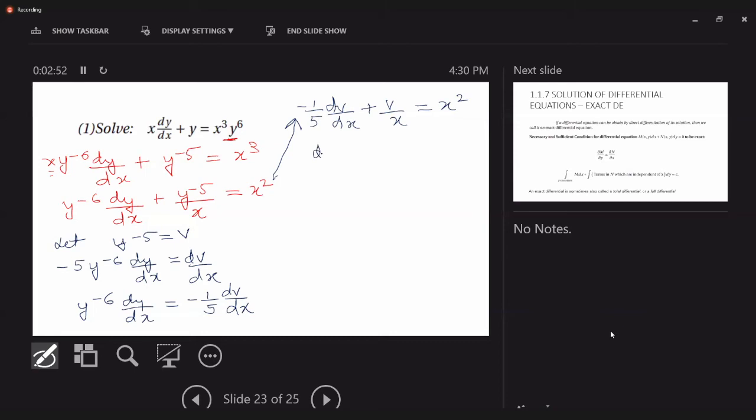So we will write this as dv by dx minus 5v divided by x is equal to minus 5x square. Now, is it in linear form, dv by dx plus Pv is equal to Q? Do you see that it is in that form? Have we obtained the linear form?